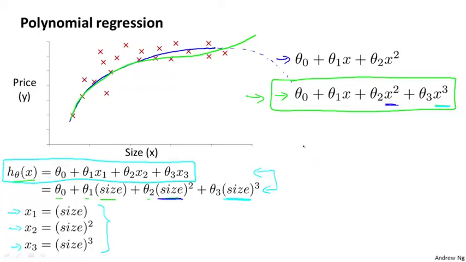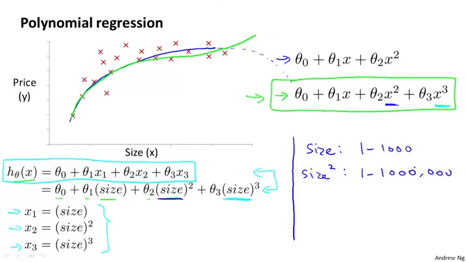I just want to point out one more thing, which is that if you choose your features like this, then feature scaling becomes increasingly important. So if the size of a house ranges from 1 to 1,000 square feet, say, then the size squared of the house will range from 1 to 1 million, that's the square of 1,000, and your third feature x3, which is the size cubed of the house, will range from 1 to 10 to the 9.